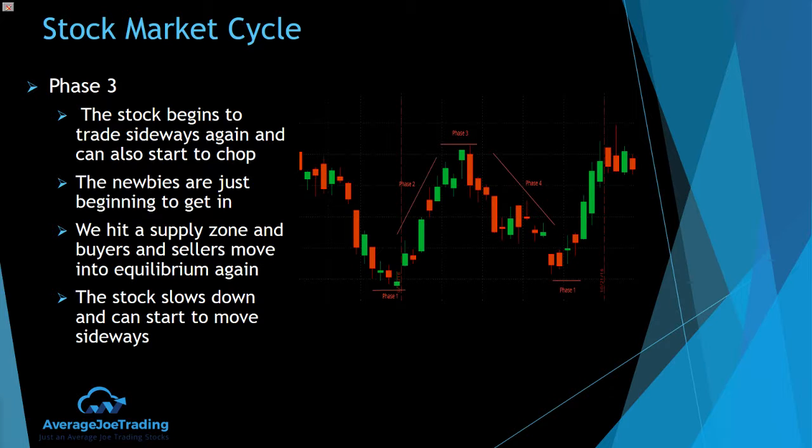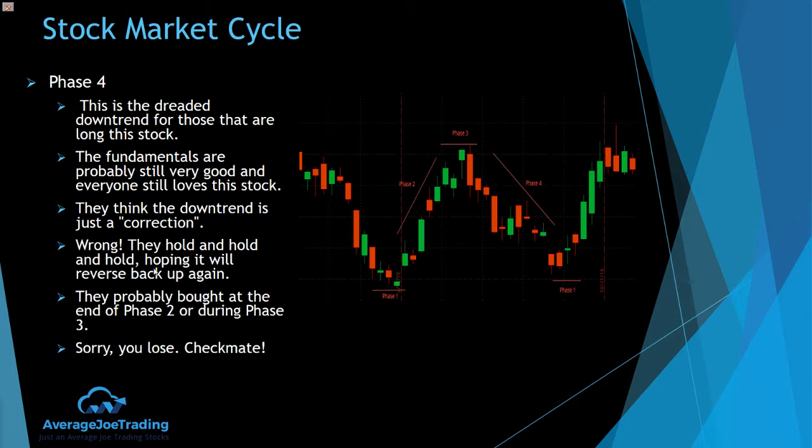So when we hit a supply zone and the buyers and sellers come in, we get this battle. And that's where the sideways price action comes in. The candles start to get tighter, the stock slows down again and it can potentially move sideways.